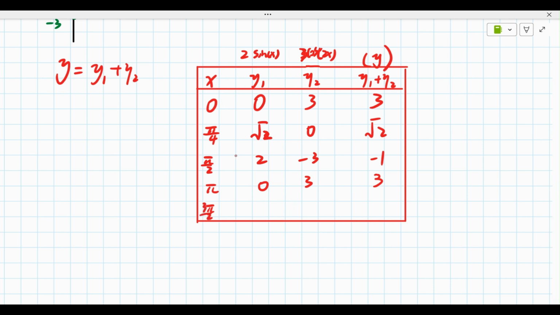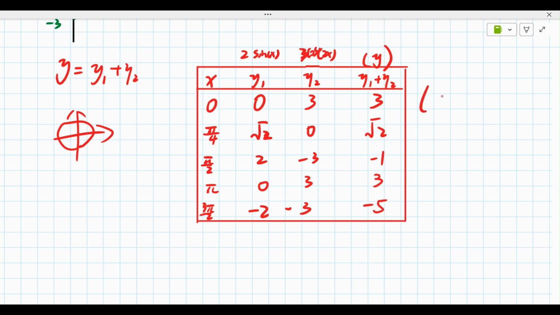We make sure with the unit circle, that sine is -1, so -1 times 2 equals -2. And cosine 2x will be cosine 3 pi, which equals -1, so that's -3. So that will be -5.